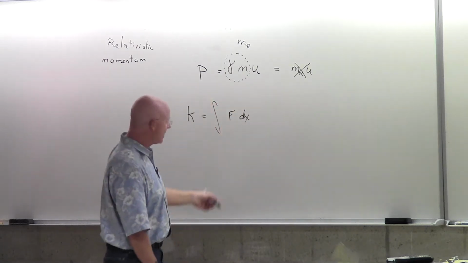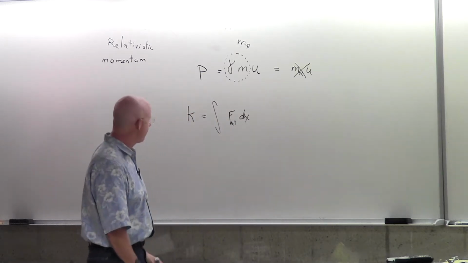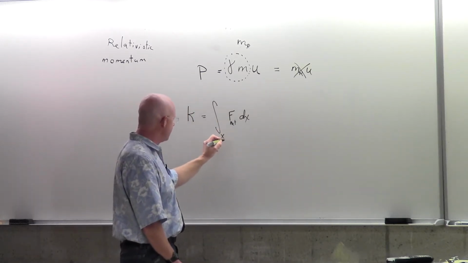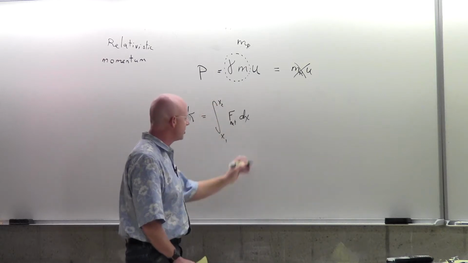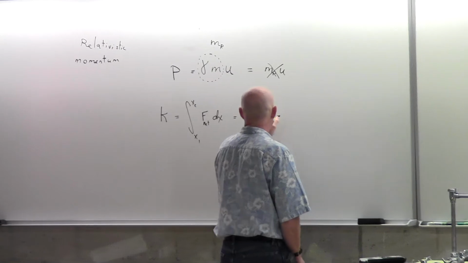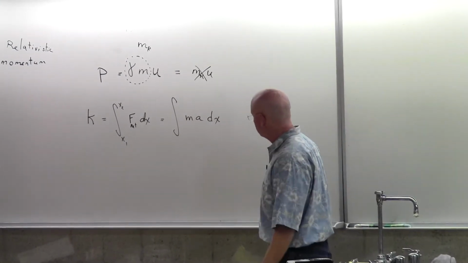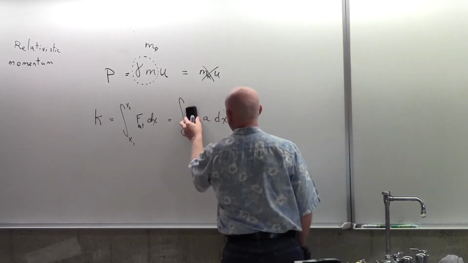Something like this. We said, look, if you took the net force and you integrate it from some initial position to some final position, and we put for net force ma. Actually, let me go back even one step before that.